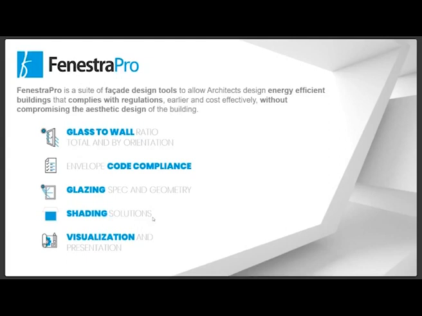Glazing spec and geometry. So how much glazing should I have, and how do I optimally distribute it around the building, what specification should that glass be to avoid overheating, or to optimize my natural daylight, or to achieve a thermal performance that is required under code.